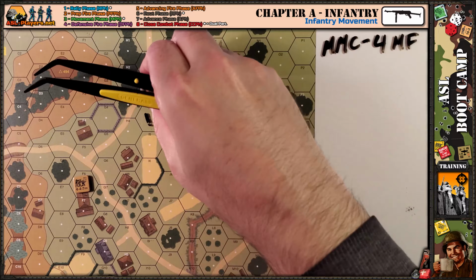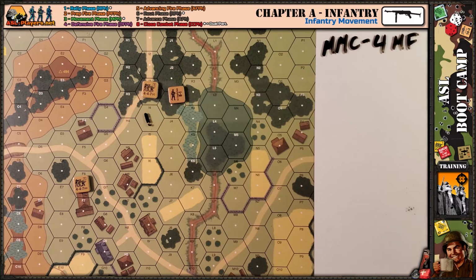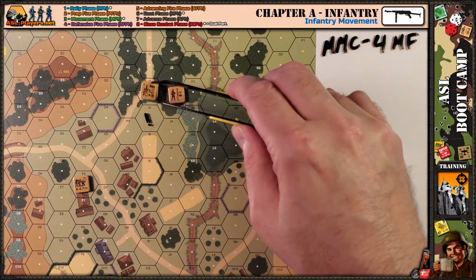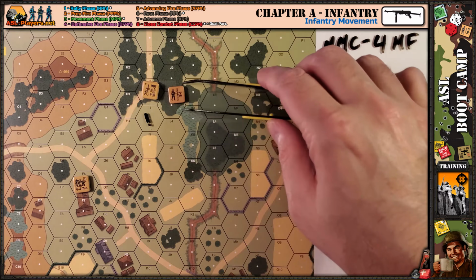Now let's go back here. Let's say he's carrying this 5 portage point medium machine gun.